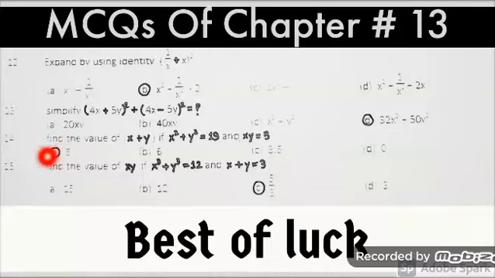MCQ number 14: find the value of x plus y if x square plus y square is equal to 19 and xy is equal to 3.